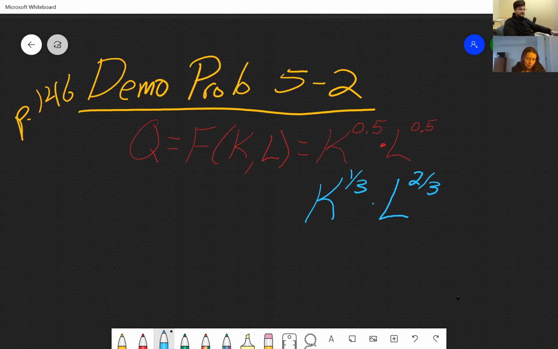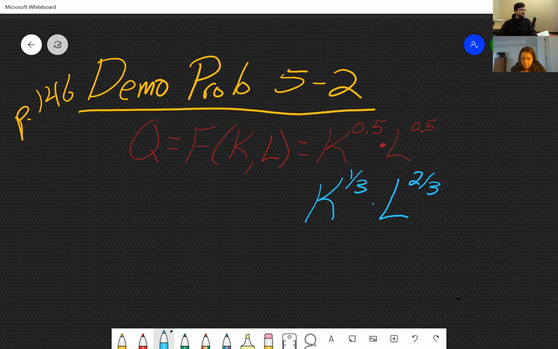Cobb-Douglas is technically any function where they're multiplied together and there's exponents that add up to 1, right? So they always have to add up to 1.